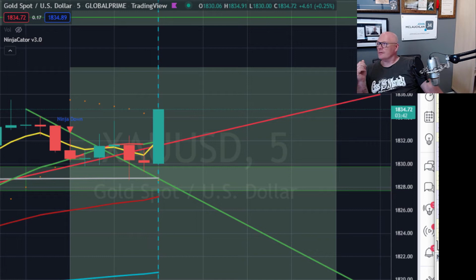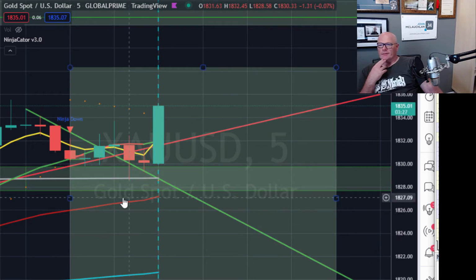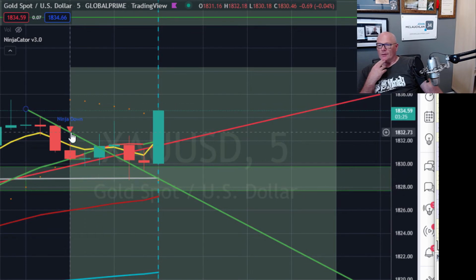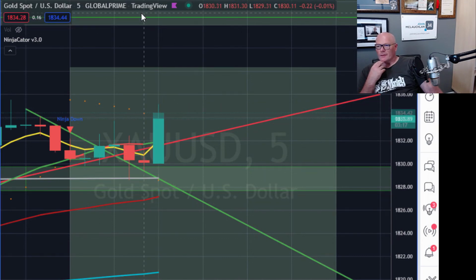what we're going to be doing, we're going to get back into the trade for the buy. So what we could do is get back into the trade for a buy when the conditions have been met. So again, we're waiting for the ninja up alert, we're waiting for the PSAR to flip. Has it flipped yet? Let's take this off. Yeah, PSAR's flipped.